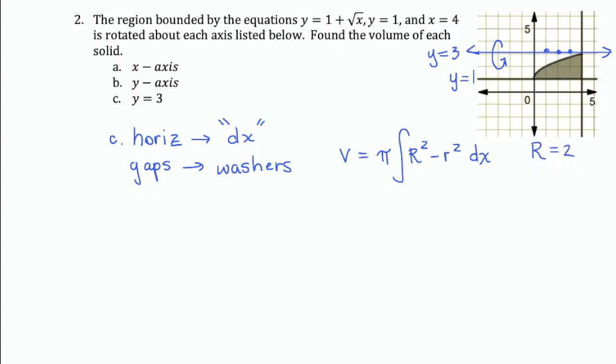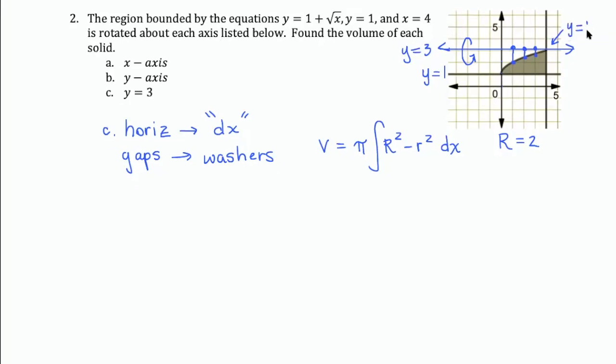For little r, we want to take a point on the axis of revolution and go to the closest part of the shaded region. Those points are all falling on this function, which was y equals 1 plus square root of x. If I want to find out the distance from here to here, remember, when your axis of revolution is not the x or y axis, you need to fall back on the distance between two curves.